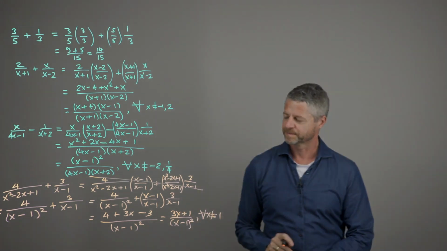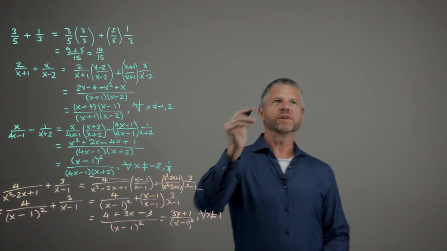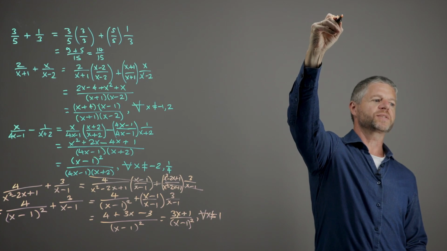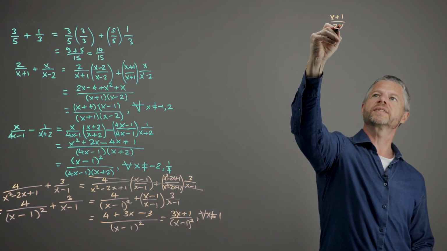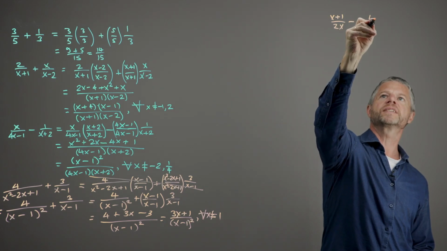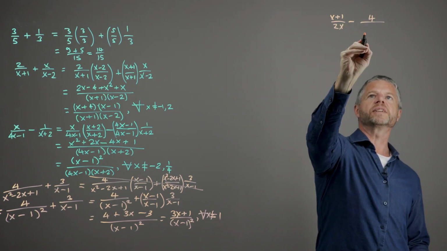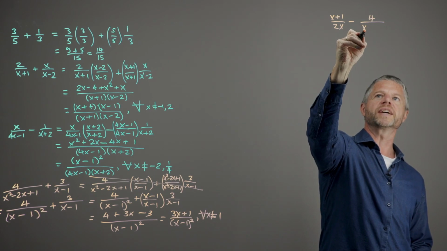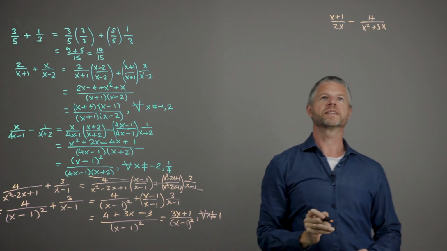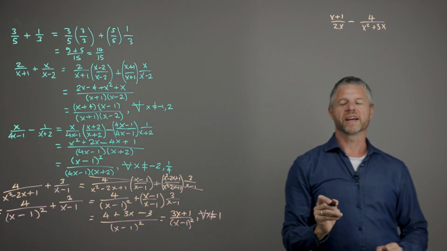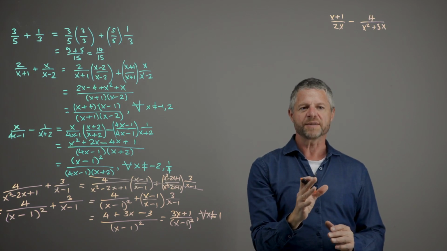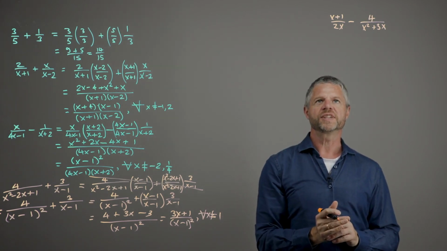As another example, let's do x plus 1 over 2x, and this time let's subtract the rational expression 4 over x squared plus 3x. And again, we want to be thinking as we're moving through the steps and looking for opportunities to factor.